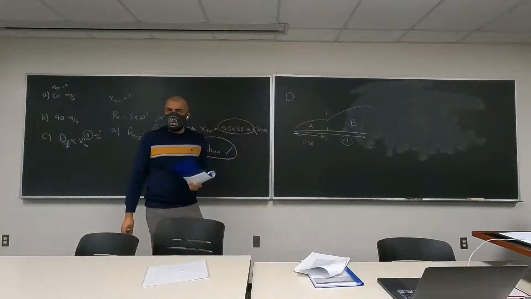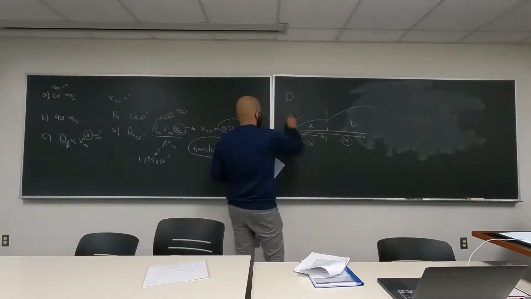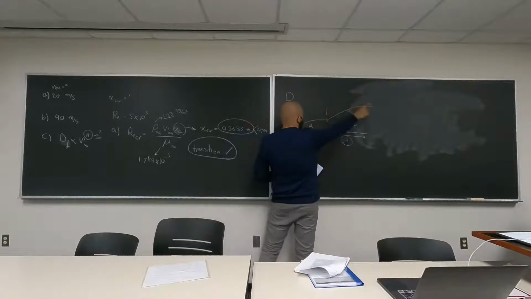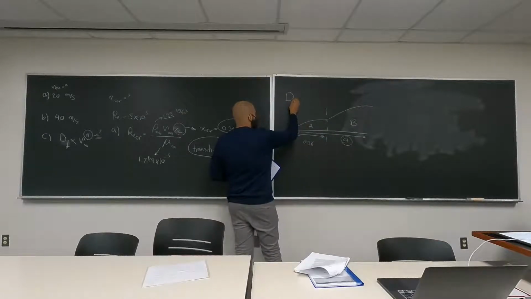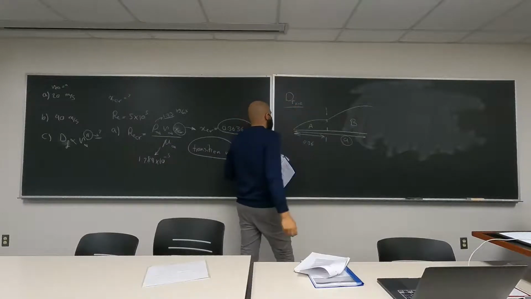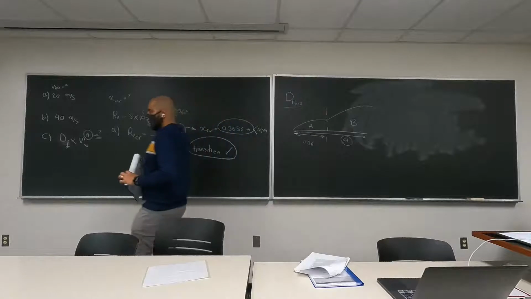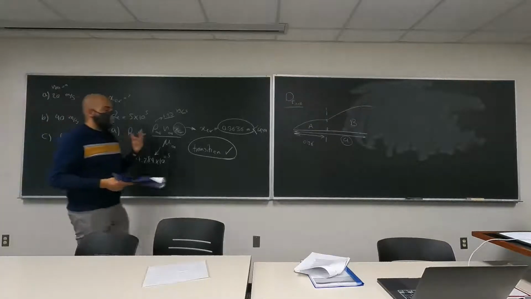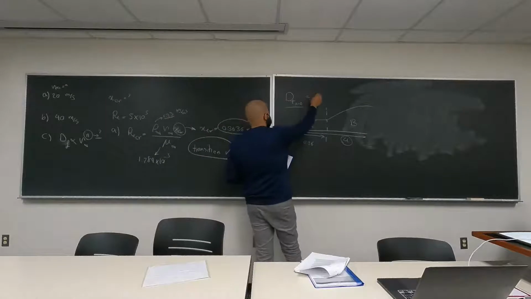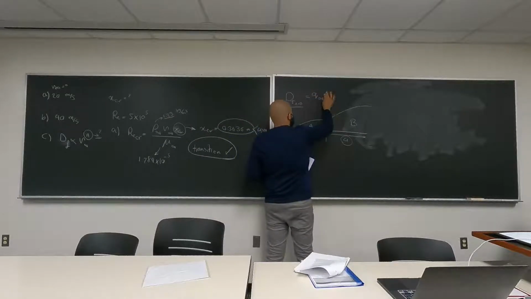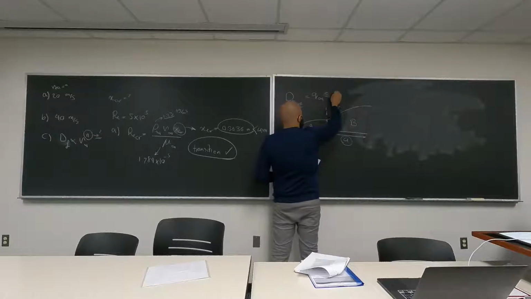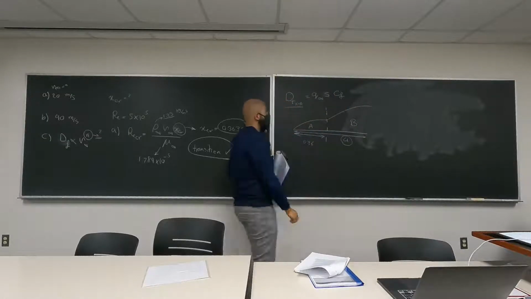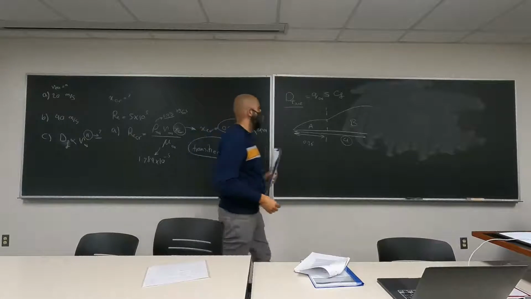The first thing you do to calculate the turbulent drag is to assume the whole plate is turbulent. So D of T of A plus B, that's the first thing you want to calculate, right? You're going to assume the whole plate is turbulent. And for turbulent, the drag force in general is your q infinity multiplied by your span multiplied by your friction coefficient. You're talking about the friction drag, so we have to use the friction coefficient.